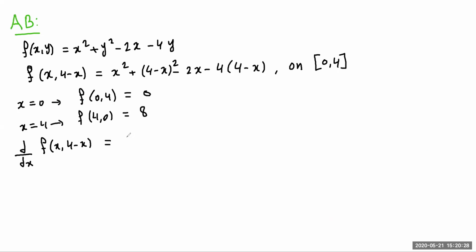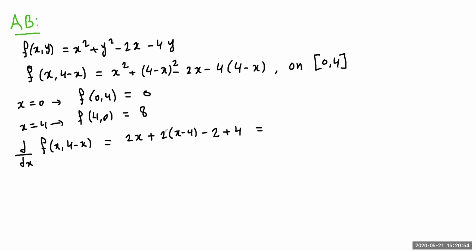Now let's calculate the derivative with respect to x of f(x, 4 minus x). So it's derivative of x², 2x, plus derivative of (4 minus x)², we can write it as (x minus 4), so let's write 2x minus 4. Then derivative of minus 2x, it's minus 2. Derivative of plus 4x, plus 4.